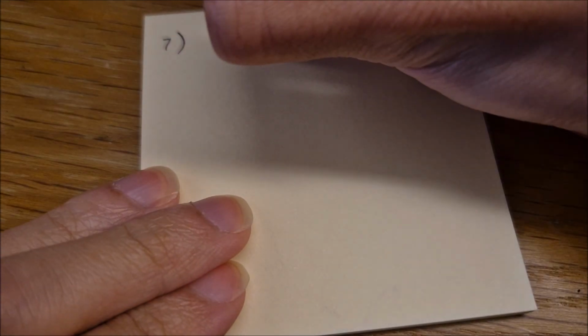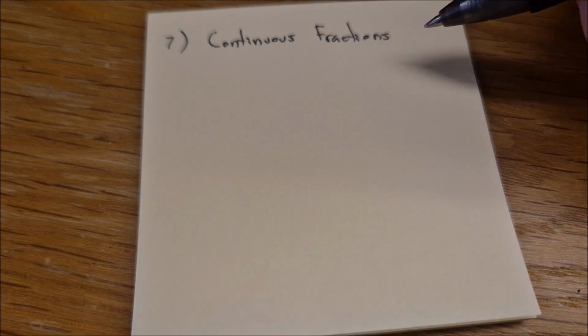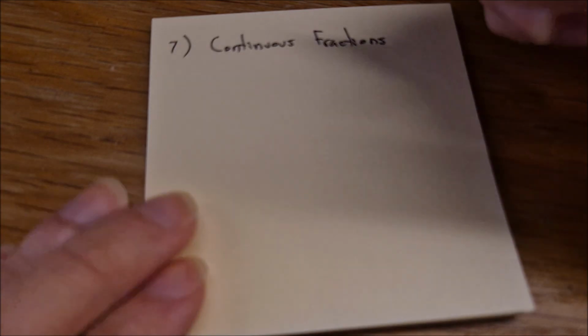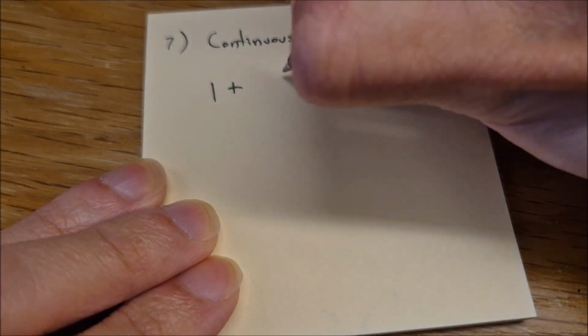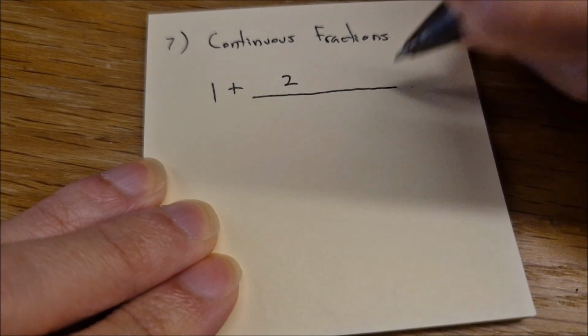And I've saved the most interesting one as the last one. And these are what's called continuous fractions. And these are fractions where they are added continuously forever. So you could have 1 plus 2, big line.